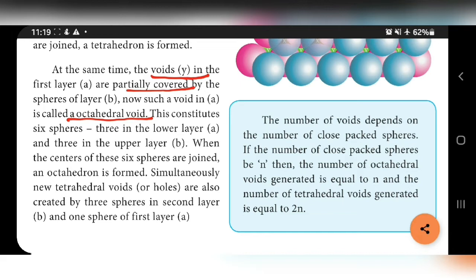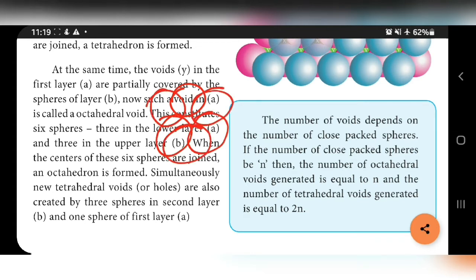That means, see here, in the first layer 3 atoms, in the second layer 3 atoms, totally 6 atoms.